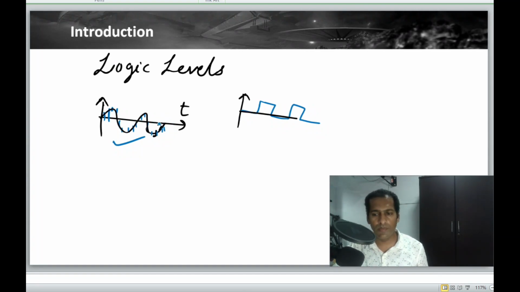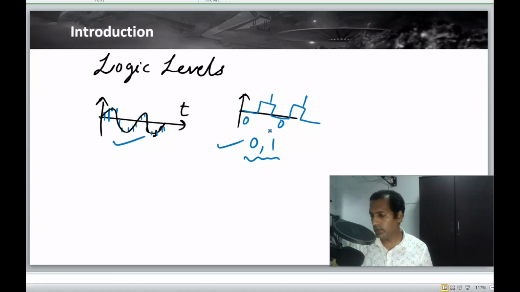But in a digital system, we have to remember only two values, zeros and ones. So in this language we have only two values, zeros and ones, so that is all we have to remember, which makes it easy.